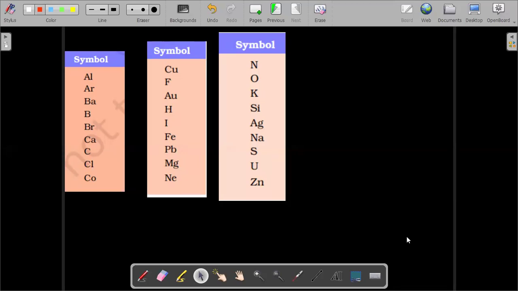Chlorine, yes. Then after chlorine, it is cobalt. Okay.